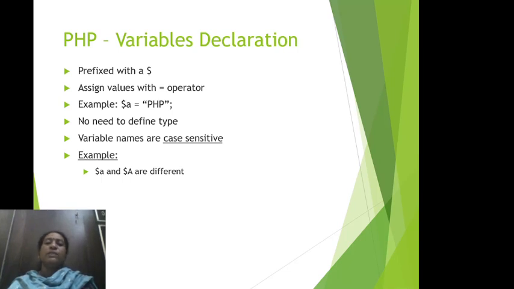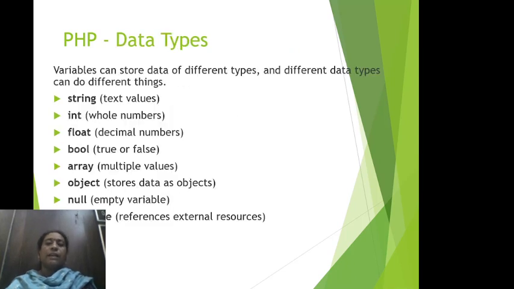Here A is a variable name. We have to give the dollar symbol as a prefix of a variable. Here I am giving the value PHP between double quotation. Variable names are case sensitive, so we must specify small a or capital A. Then data types.